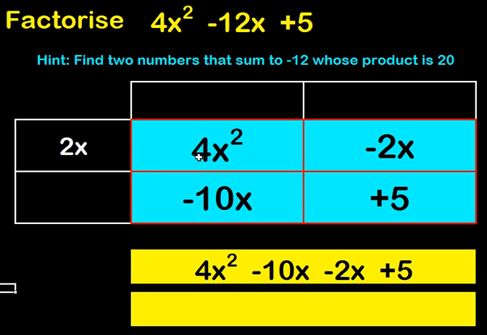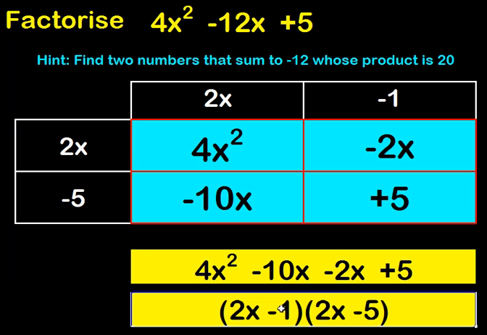So 2x comes out here. 2x multiplied by 2x is going to give us 4x squared. 2x multiplied by minus 1 is going to give us minus 2x. And 2x times by minus 5 is going to give us minus 10x. And just check that, minus 5 times minus 1 gives us plus 5.